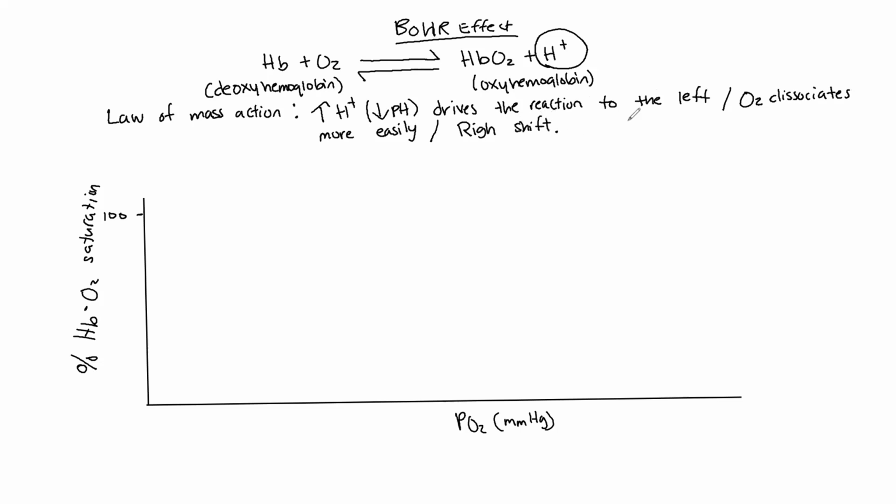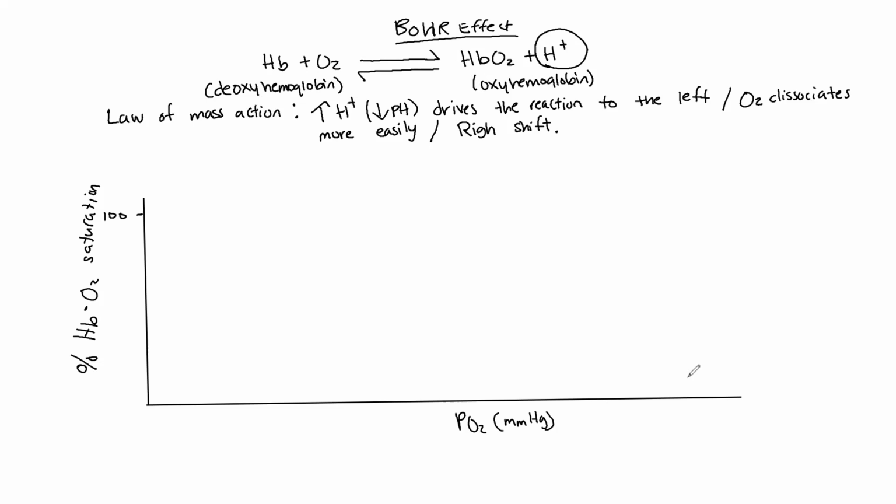So a couple different ways to express what's happening here, as hemoglobin and oxygen are no longer attracted or tightly affiliated to each other. And so oxygen is going to dissociate more easily or more readily as we drive the reaction towards the production of deoxyhemoglobin, okay, by the presence of excess acidity.